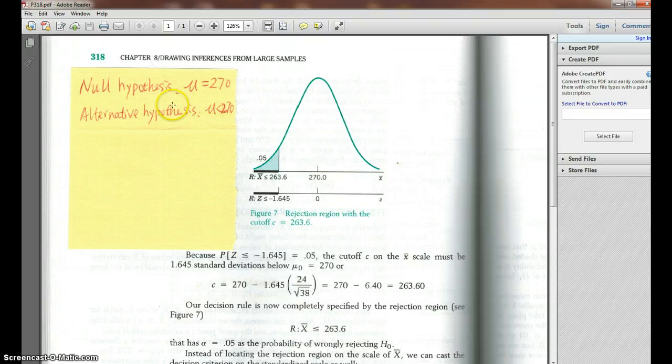Here we're going to do research to find the average transaction time, which is denoted by x bar, the sample mean. I want to know how small the sample mean x bar has to be in order to support the alternative hypothesis, which means to reject the null hypothesis.